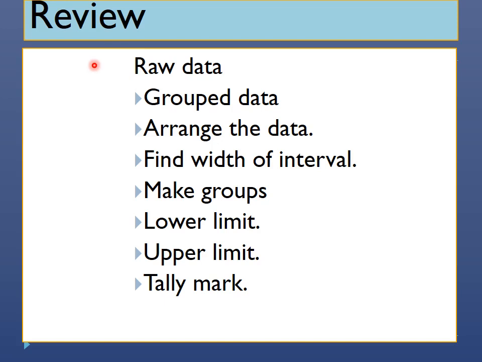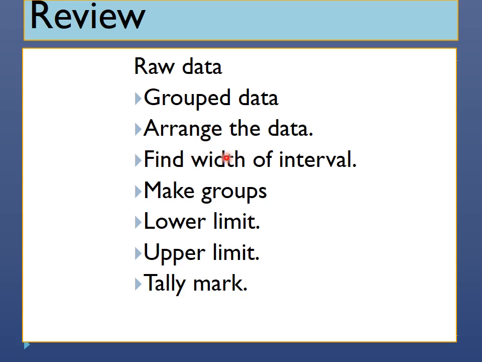Now, students, we will check a review at the end. Raw data, the data collected first hand, is called raw data, and after the statistical process it is called grouped data. Next, we arrange the data in ascending or descending order, any order you can apply.